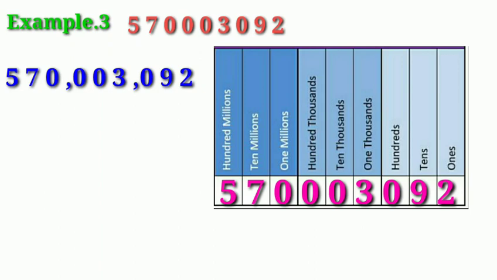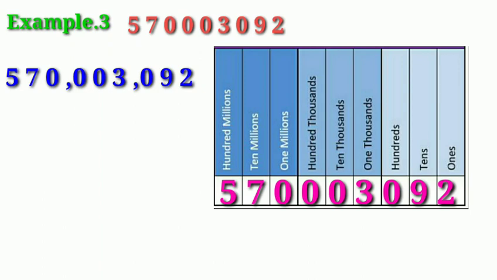And thousands place 003. That means 3000. In 100,000 place 0, 10,000 place 0, and thousands place only 3 here. Next, hundreds place 0, in tens place 9, and ones place 2. That means 92.